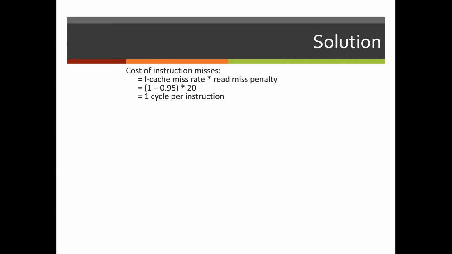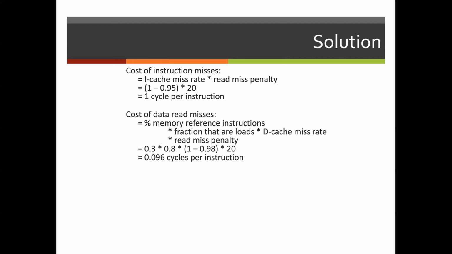Next, we calculate the cost of data read misses. This is the percent of memory reference instructions times the fraction that are loads times the data cache miss rate times the read miss penalty. This equals 0.3 times 0.8 times (1 minus 0.98) times 20, which gives us 0.096 cycles per instruction.